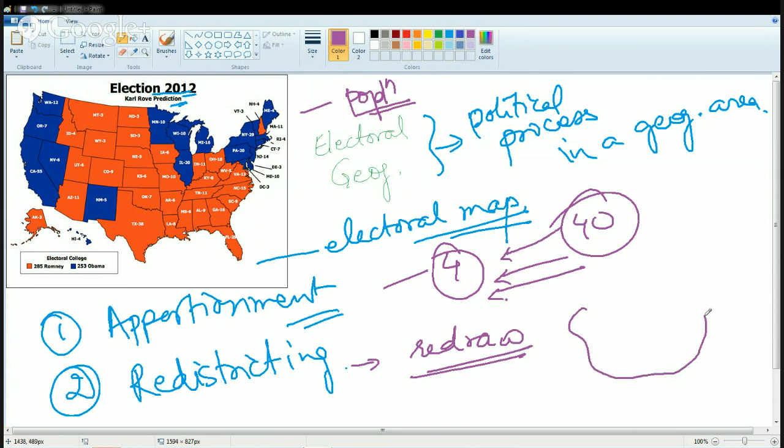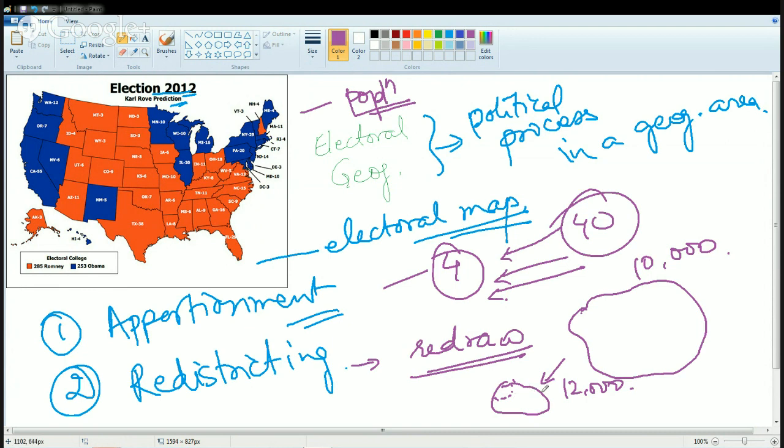So, for example, if this district has a population of 10,000 and the population in the next census has increased to, say, 12,000, then since the population has increased, I'll see in which areas it has increased, and for that area there would be a new representative seat.